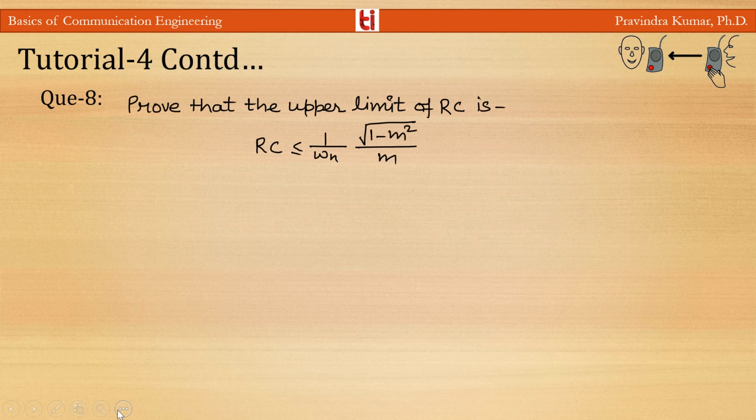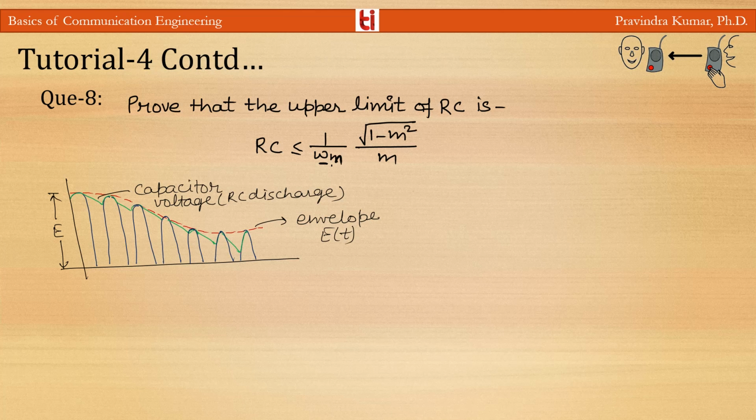Now the next question: prove that the upper limit for RC is less than or equal to 1/ω_m times the square root of (1 − m²) divided by m. The capacitor is charging and discharging. This is the discharging time through the load resistance. The capacitor discharges from the peak value E, starting at some arbitrary instant t0. The voltage across the capacitor will be Vc = E e^(−t/RC), where RC is the time constant.